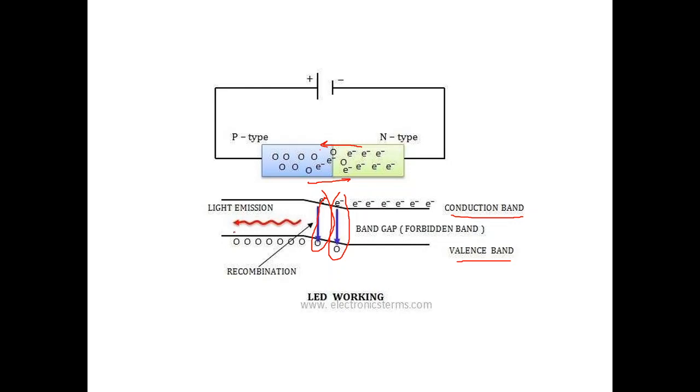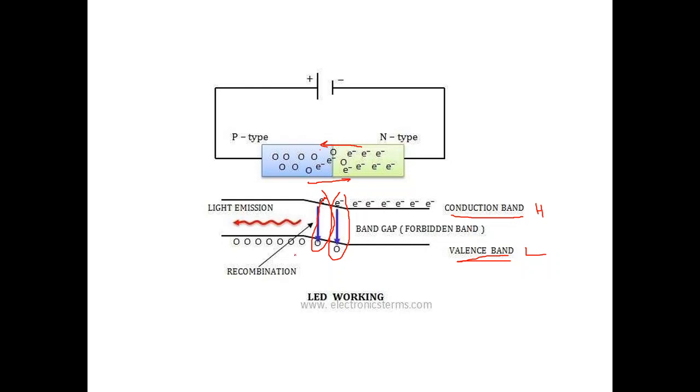That gives us the light emission. We can also analyze it in a simple way: the valence band is the lower energy level and the conduction band is the higher energy level.